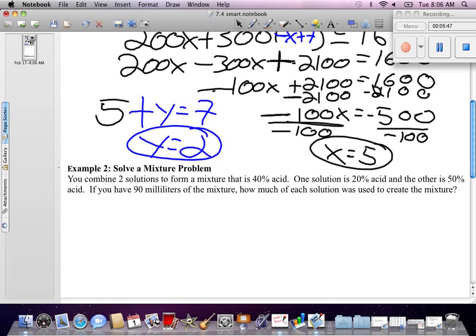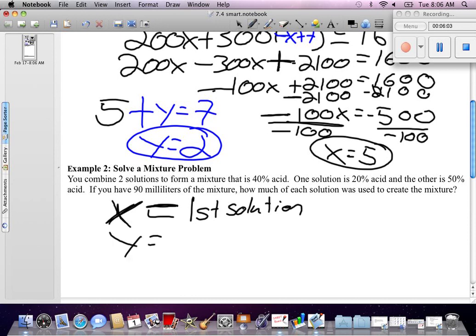Okay, so we got two solutions. I'm going to call them x equals first solution, y equals second solution.